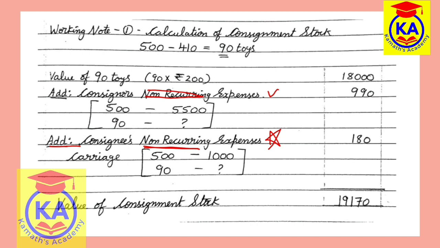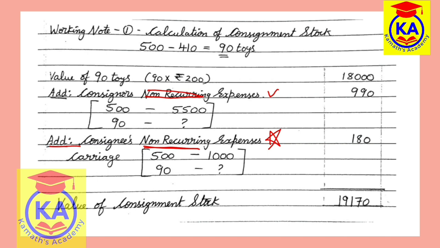Now while coming to consignee's expenses, you have to add only non-recurring expenses. As you have seen in the concepts, non-recurring expenses are those expenses which are incurred only up to the goods reaching the consignee's godown. So all the expenses up to the goods reaching the consignee's godown are called non-recurring expenses.